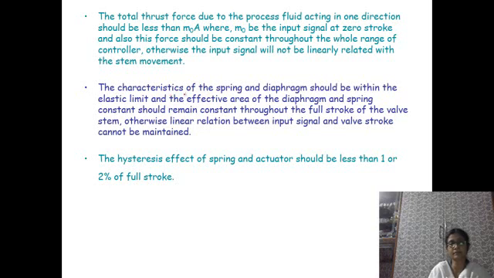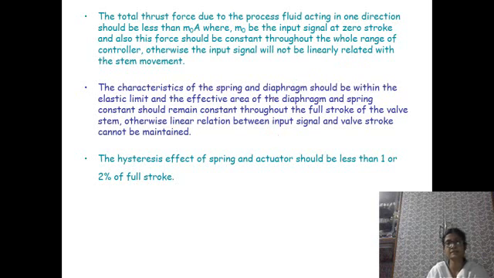in the linear region. The characteristics of the spring and diaphragm should be within the elastic limit, and the effective area of the diaphragm and the spring constant should remain constant throughout the full stroke of the valve stem. Otherwise, the linear relation between input signal and valve stroke will be lost, as mentioned in a previous point also.